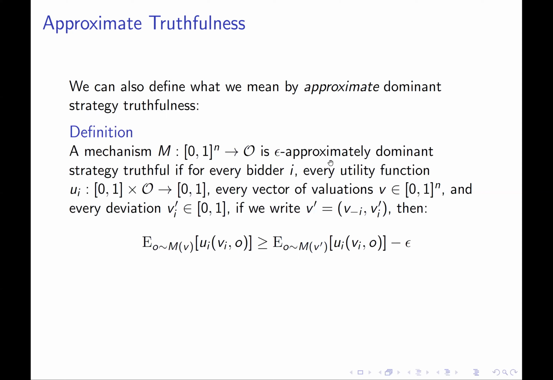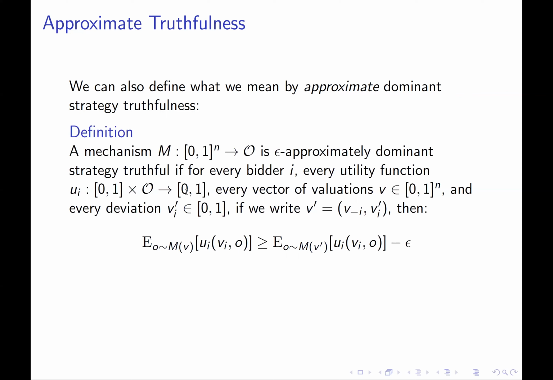Again, you might decide to tell the truth. We'd like you to tell the truth; that's the thing we're trying to incentivize. Or, if you wanted to, you could misreport your evaluation to the mechanism as V_i prime instead of V_i. Since it's a randomized mechanism, when we ask what your utility is for reporting your true valuation V_i or for misreporting V_i prime, we have to talk about your expected utility over the randomness of the mechanism.